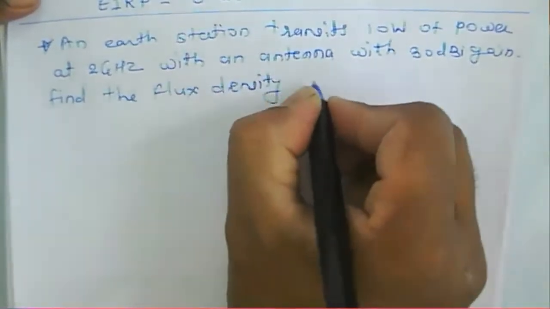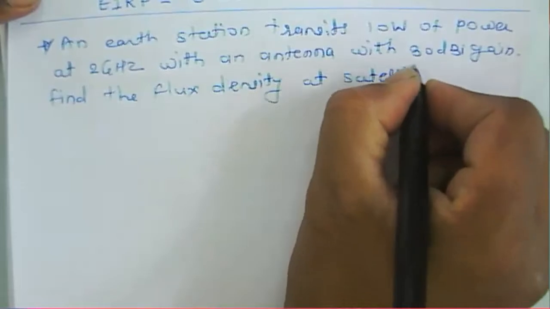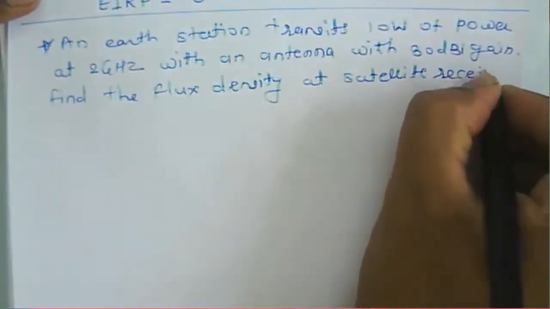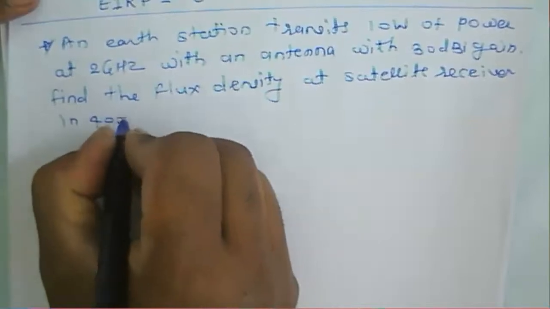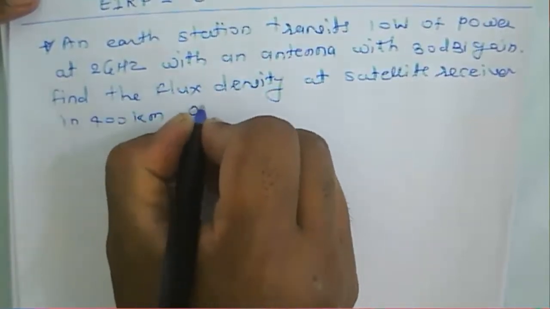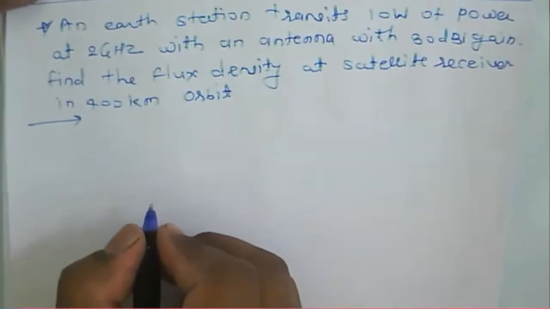Find the flux density at a satellite receiver in a 400 kilometer orbit.